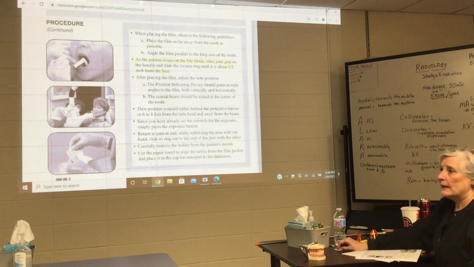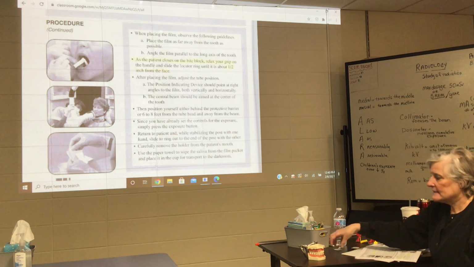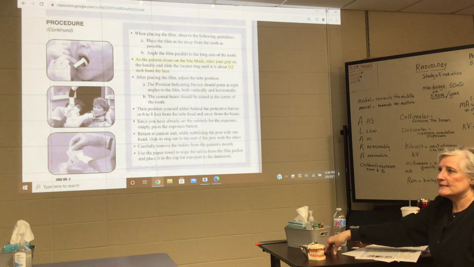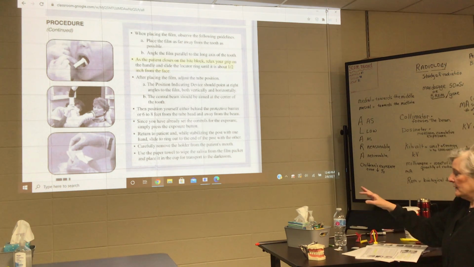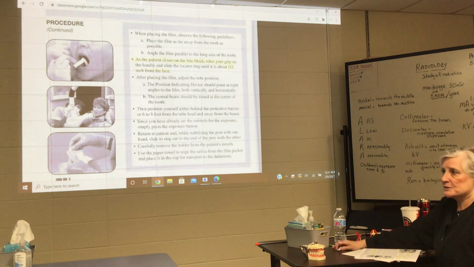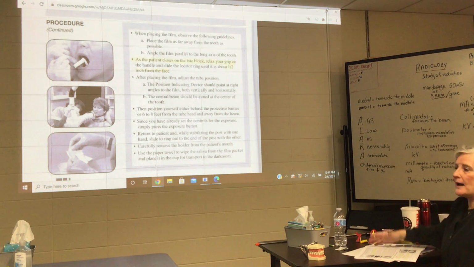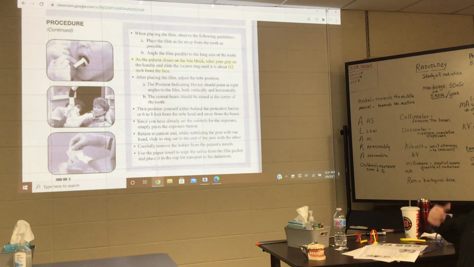That's why it's in the adjacent room, at least 6 feet away, if not in another room, so that it's not exposed multiple times. That's a good question.